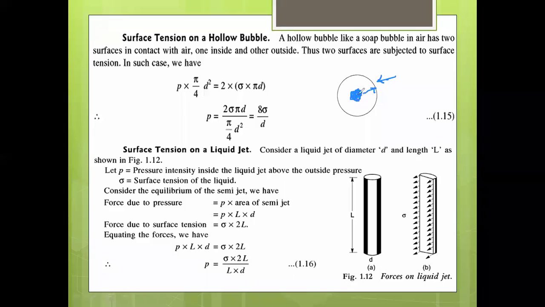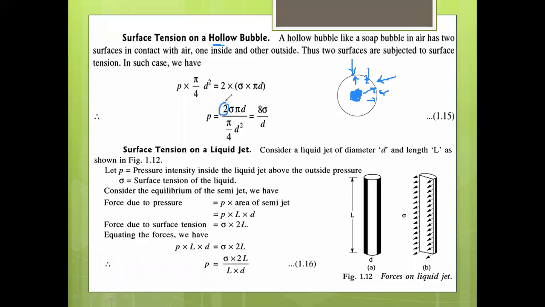It is hollow. On this bubble, the atmospheric pressure will act from both sides, and there are two surfaces to this bubble, the outer surface and the inner surface. Surface tension is a surface phenomenon, and there are two surfaces, so this surface tension will act twice.